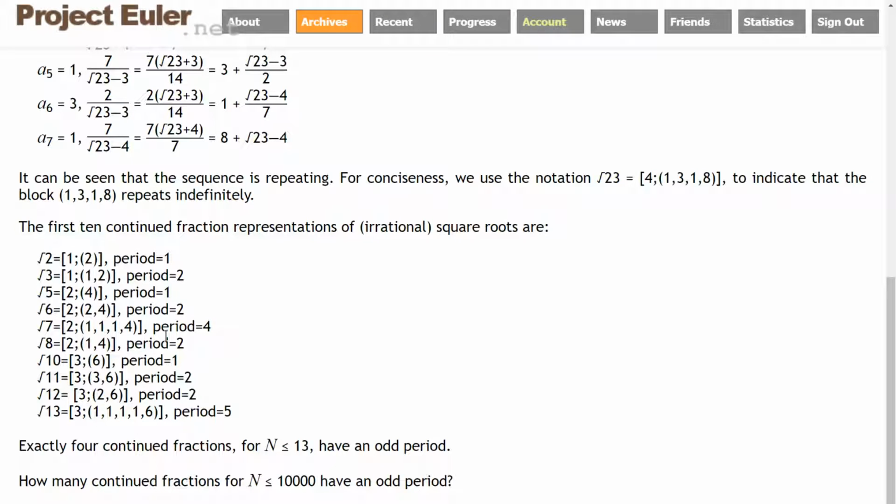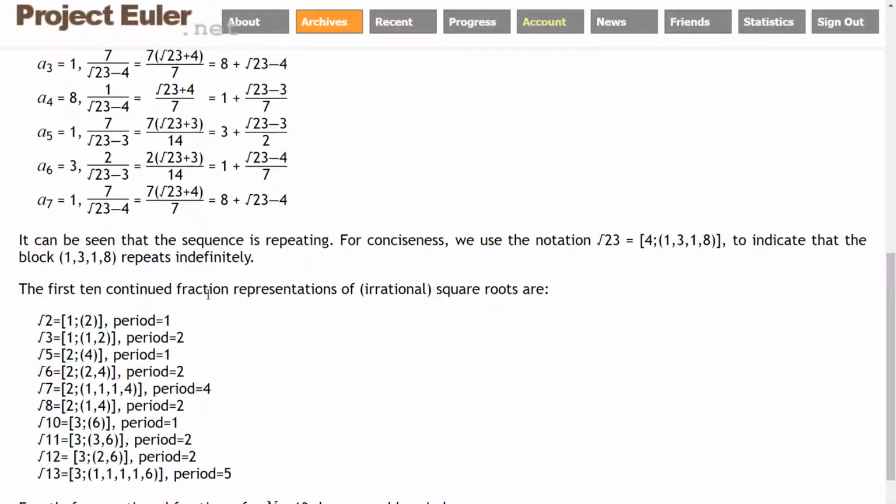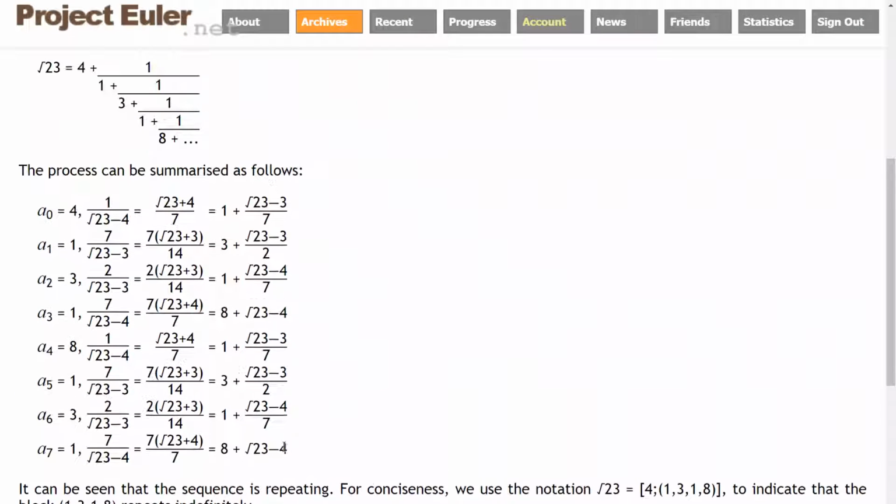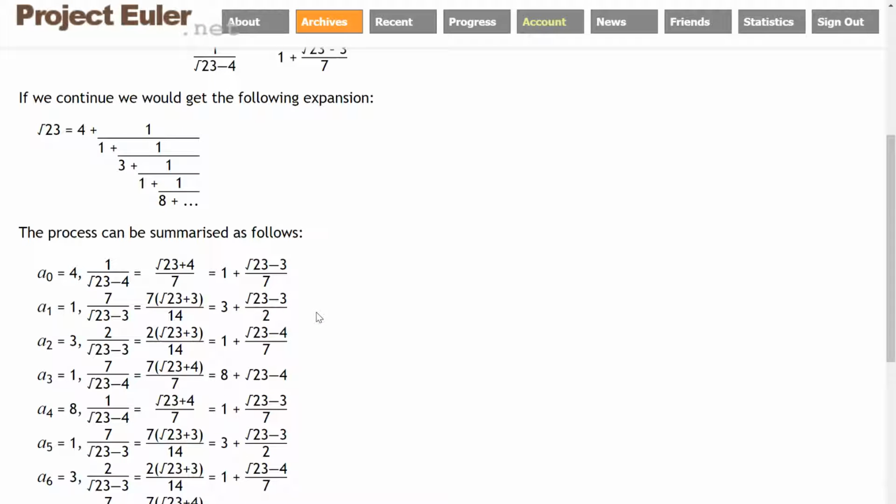Exactly 4 continued fractions. Okay, then I guess we'll assume that we can't. Yeah, this doesn't sound like computationally very challenging. Okay, let's see.